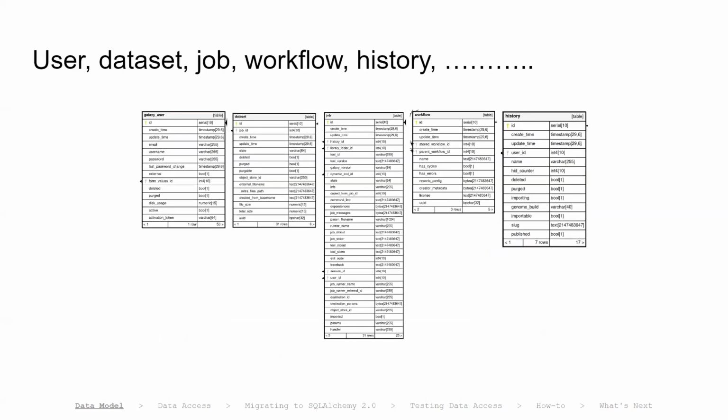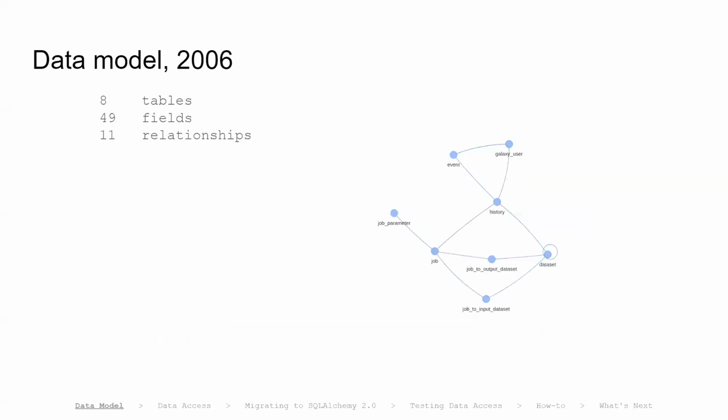In the very, very general sense, the data model has always been centered around the concepts of user, dataset, history, job, workflows, and of course the many associations between them. It started small. In 2006, we had 8 tables with 49 fields and 11 relationships.